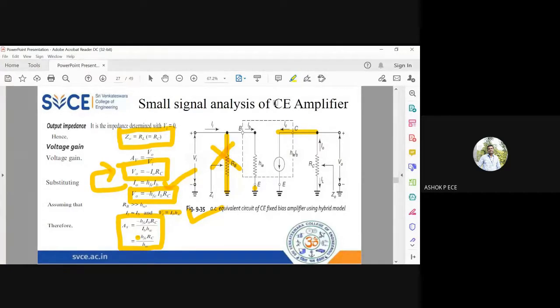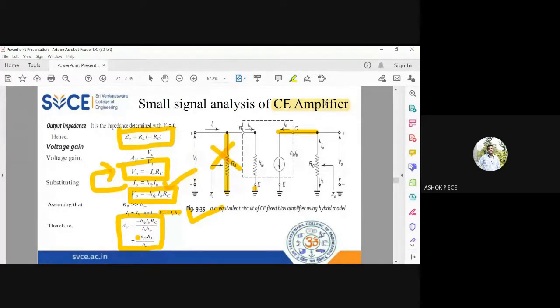This is a very specific property of the common emitter amplifier. You should have studied this in electron devices, right? In common emitter amplifier, the input and output are out of phase by 180 degrees. That 180 degrees out of phase will come as a minus sign in the answer. Usually gain will always be positive, so you should not think that the voltage gain is coming as negative, so it is going to be loss.